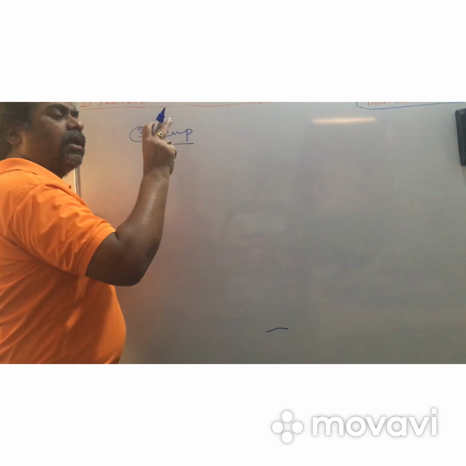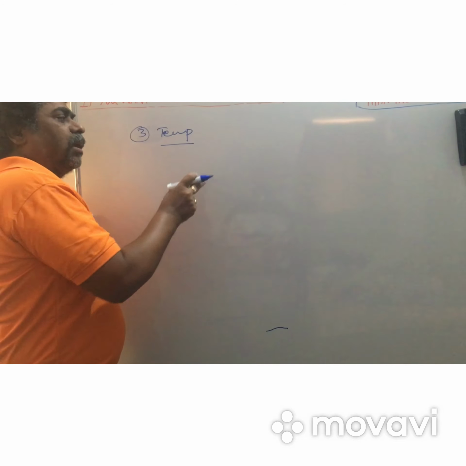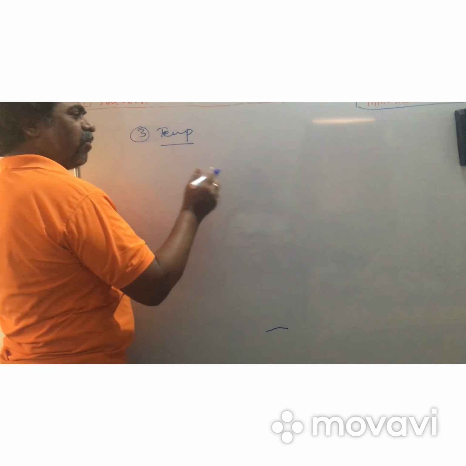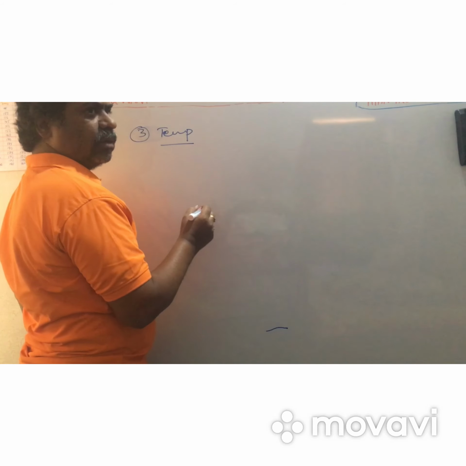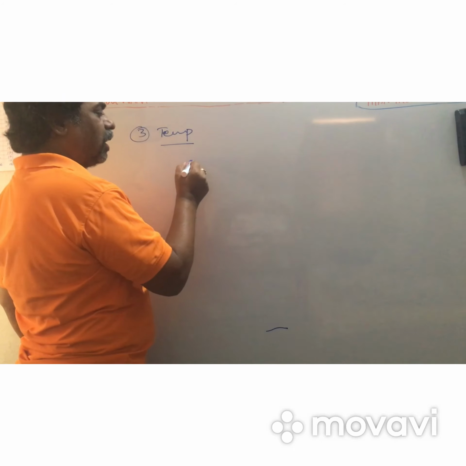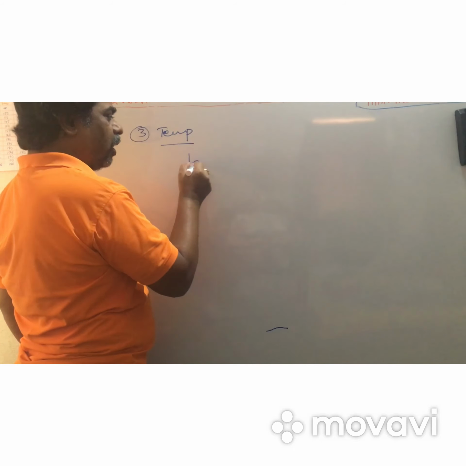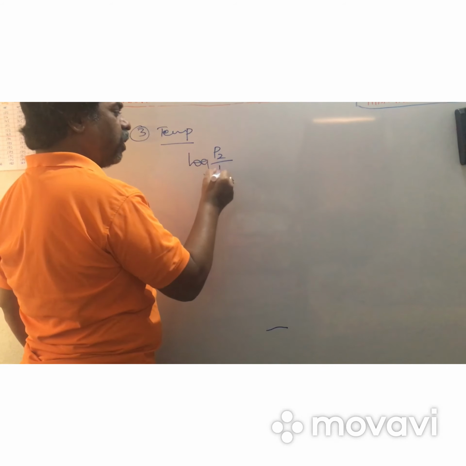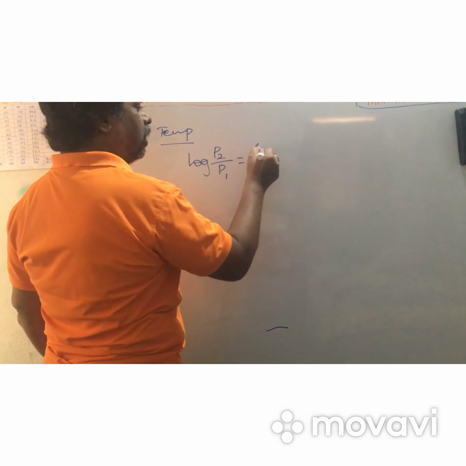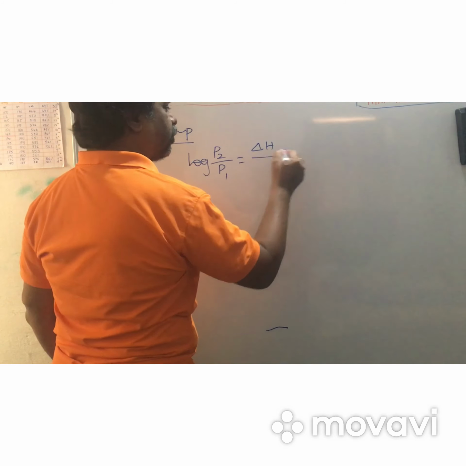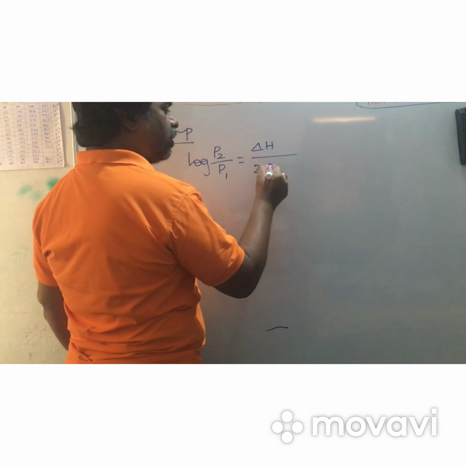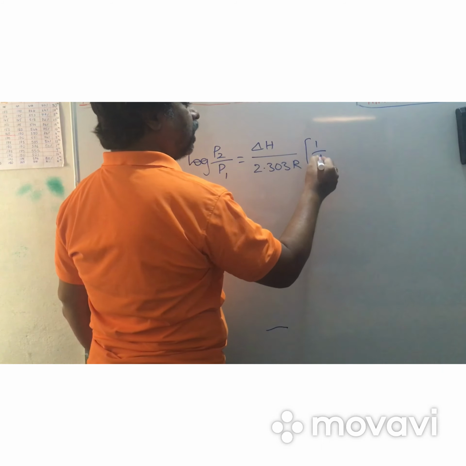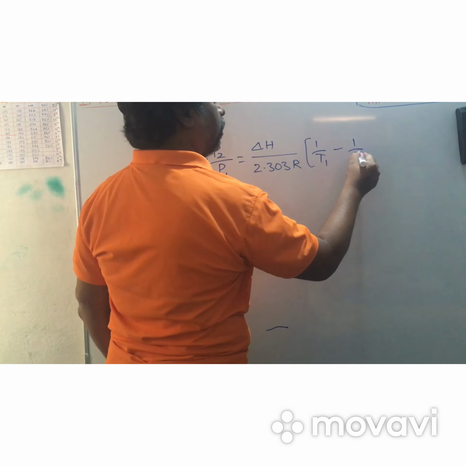Like the Arrhenius theory in chemical kinetics, here also you can apply the temperature effect for the calculation of vapor pressure. Yesterday I told you the condition: log P2 by P1 is equal to delta H by 2.303 R whole into 1 by T1 minus 1 by T2.